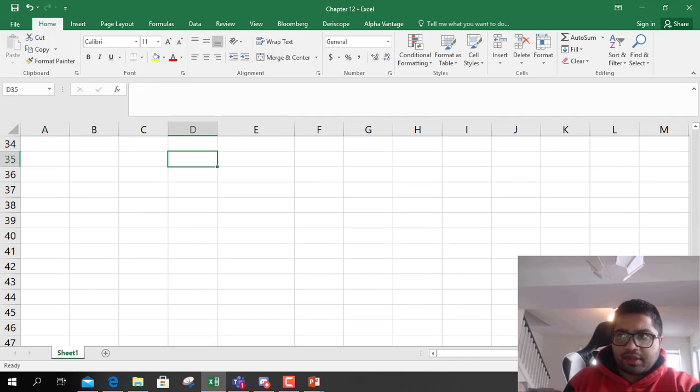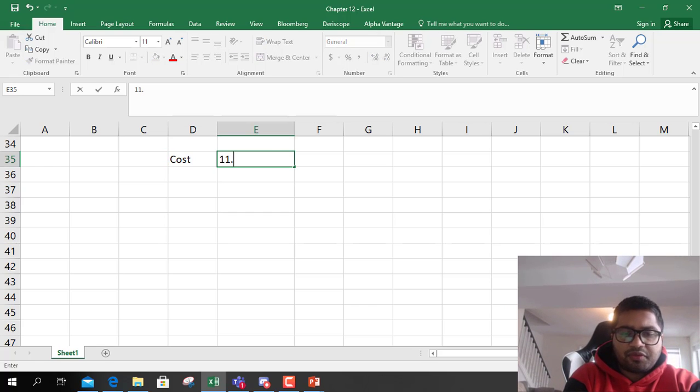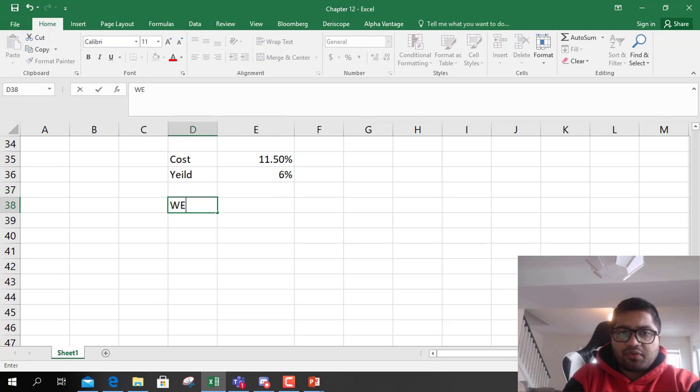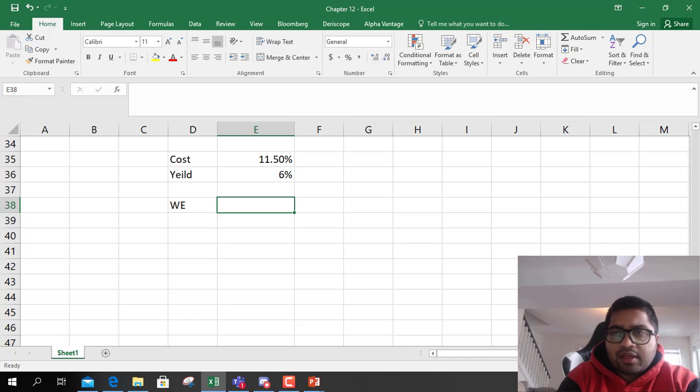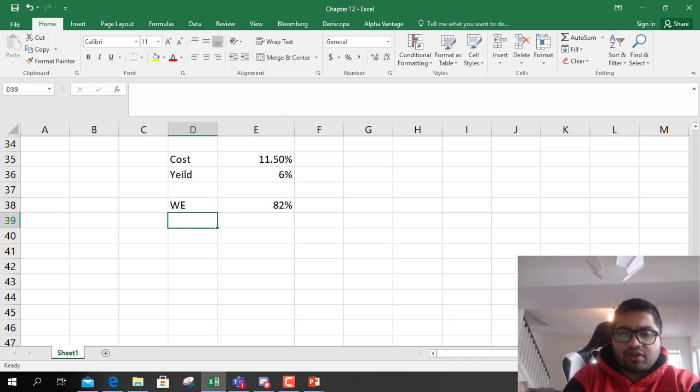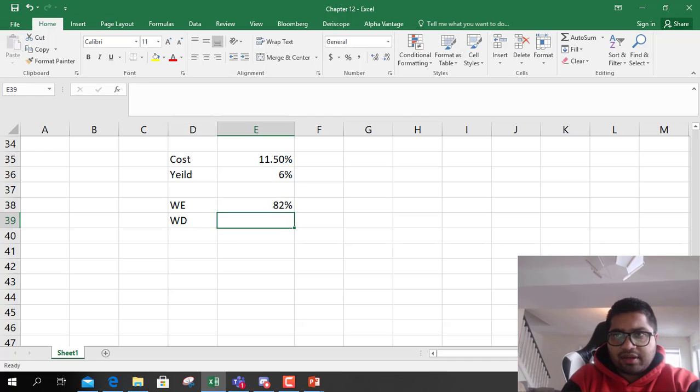What is given? Cost of equity is given, 11.5 directly. Yield is given, yield is 6%. Then weight of equity is given, weight of equity is 82%, and weight of debt is given, debt is 18%.